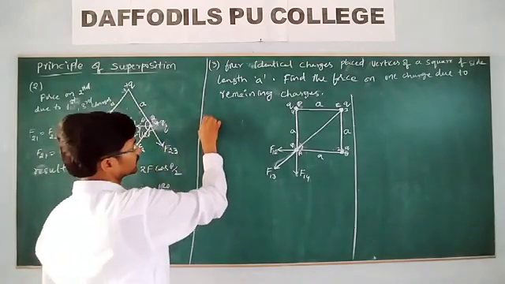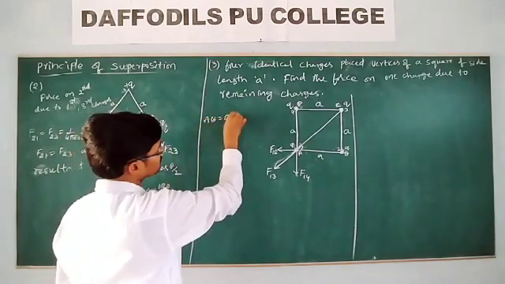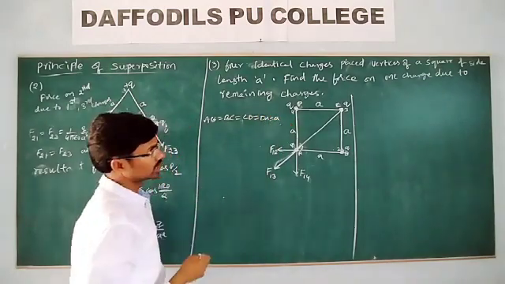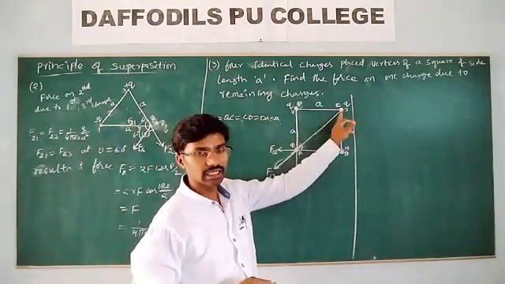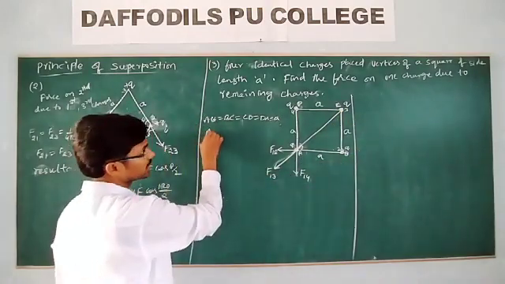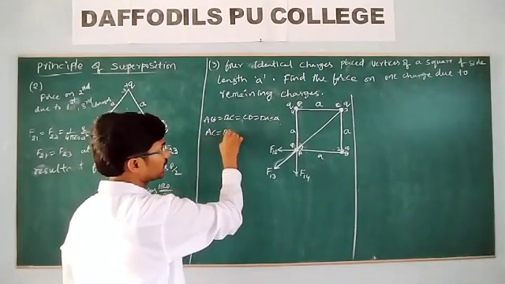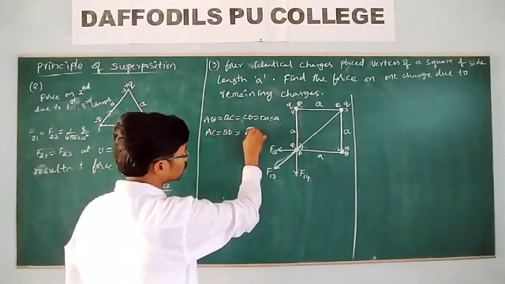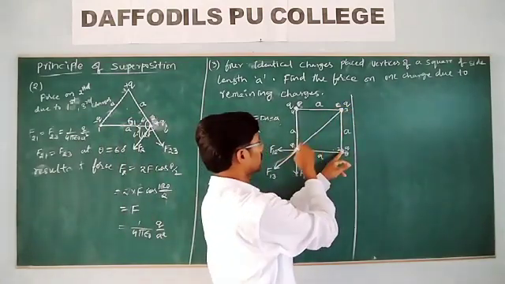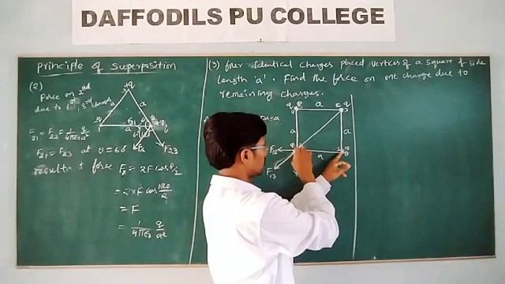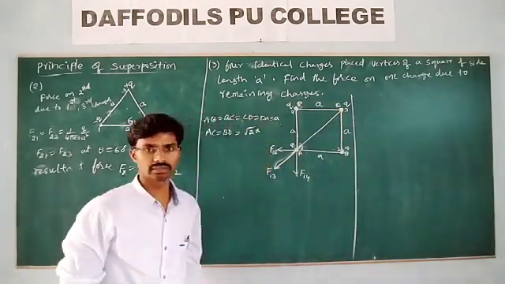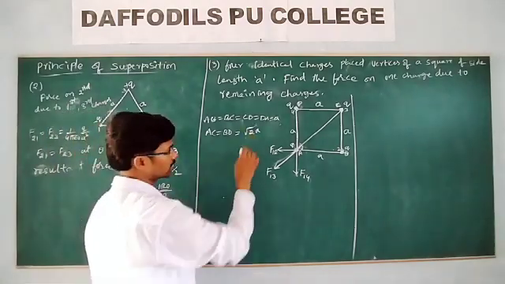Now you know already AB is equal to BC is equal to CD is equal to A. Where AC is the diagonal of the square. Then what is the length of the diagonal? AC is equal to BD is equal to root 2 A. From the right angle triangle, hypotenuse square is equal to side square plus side square, Pythagoras, root 2 A. Is it okay?